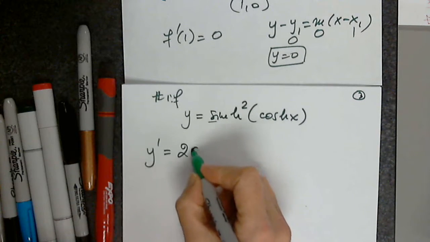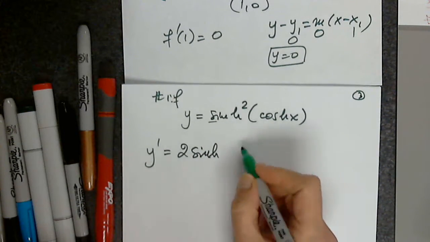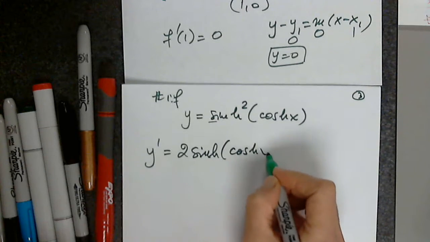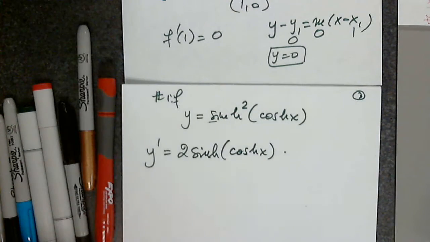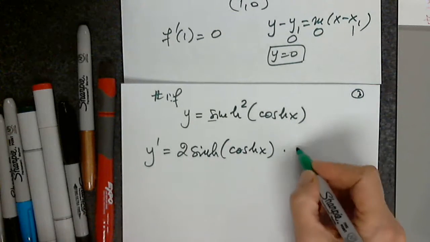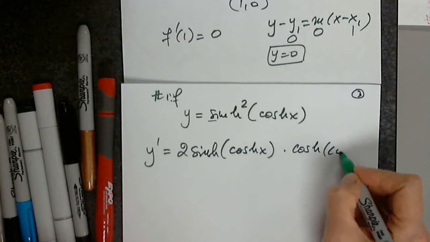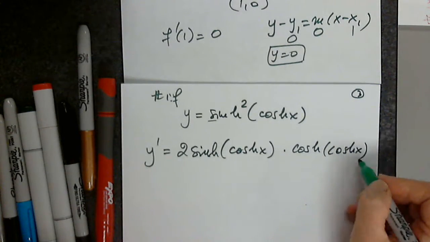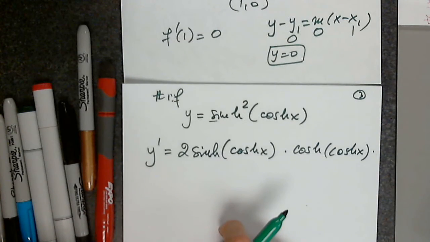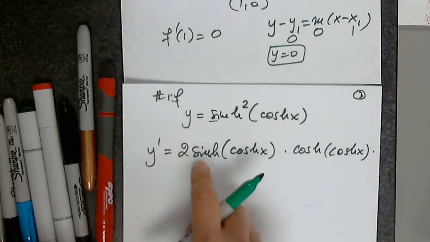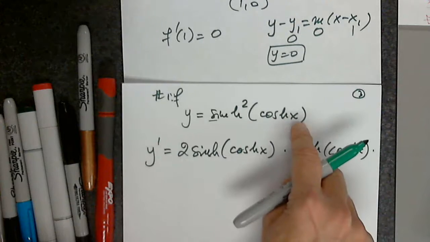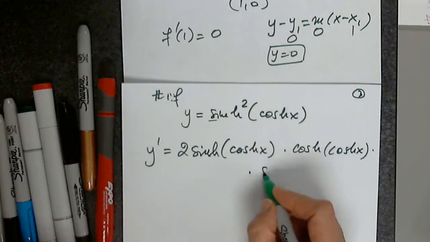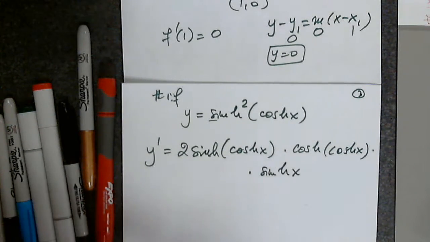So this is 2 times hyperbolic sine of hyperbolic cosine times sine prime, which is hyperbolic cosine of hyperbolic cosine, times cosine prime, which is hyperbolic sine.